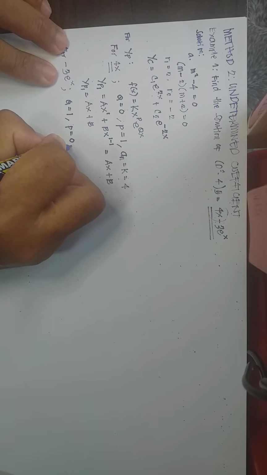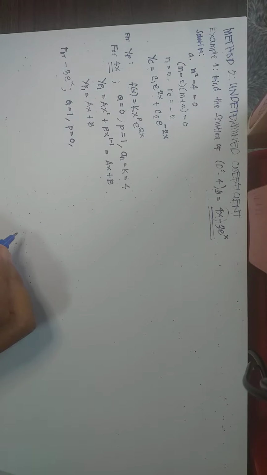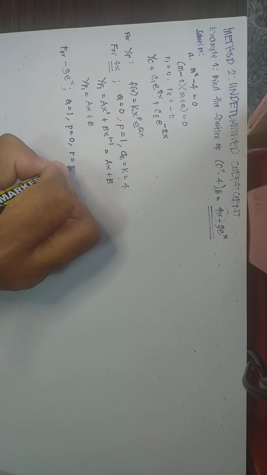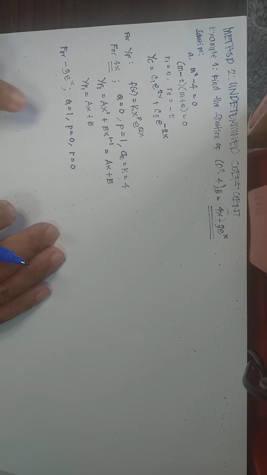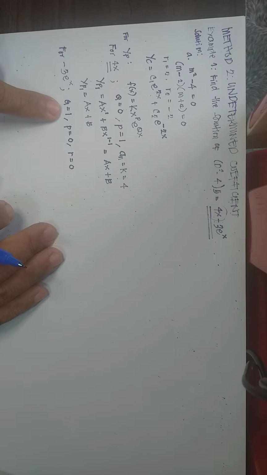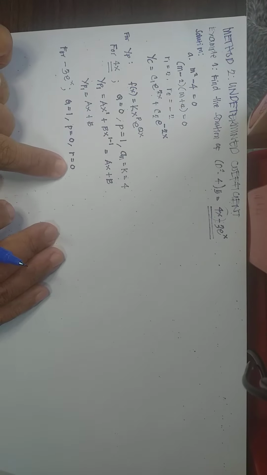This must be 0. And your r is also equal to 0. Bakit? Since q, yung 1 daw, is not a root of the auxiliary equation. Kasi ang root natin, 2 and negative 2 lang. Q is not a root. Therefore, your r is 0.